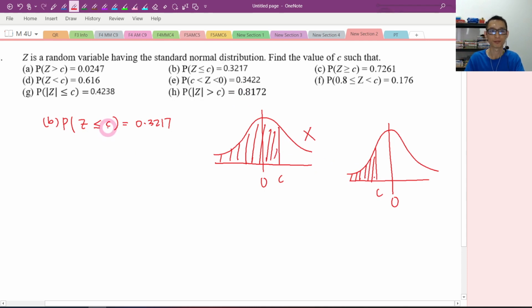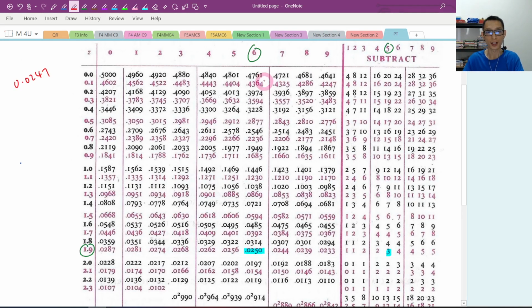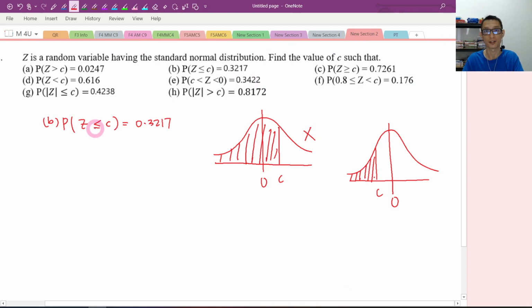Okay, but every time we want to find the value using this table, make sure that it is greater than or greater than or equal to, because we don't want less than or equal to. So what I need to do is reflect this part onto the other side.